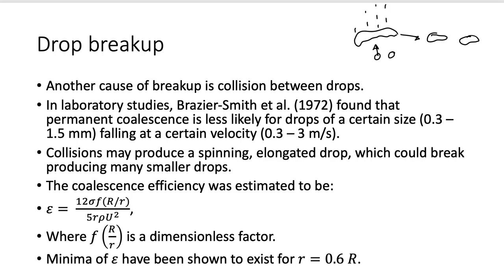This is a way to quantify this empirically, and you can estimate the coalescence efficiency in this way, where F is some factor that depends on the ratio of the radii of the two droplets, and minima have been found actually for droplets that are 0.6 of the radius of the larger droplet. So just keep in mind another way that breakup could happen is because of collision processes. That's certainly a possibility.